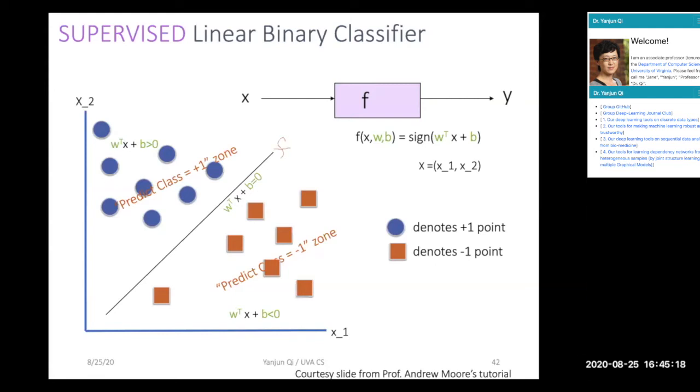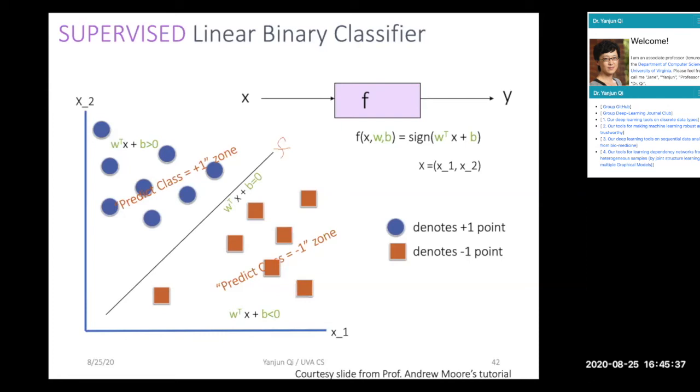So I think because you all already learned about linear algebra, how to represent a line, a linear line in a Euclidean space, it's very simple, right? To represent a linear line in a Euclidean space, you just need a slope and an intercept.